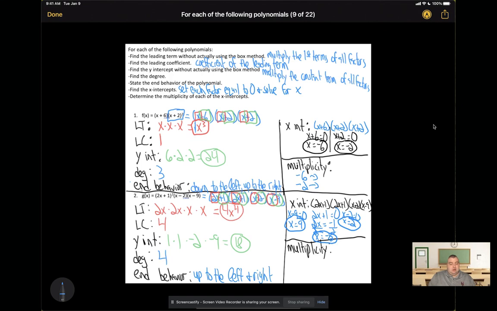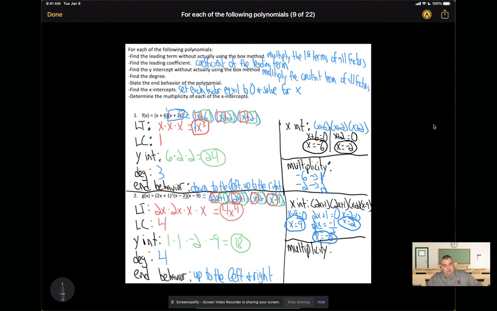If I look at its corresponding factor, x plus 6 had an exponent of 1. It was x plus 6 to the power of 1. So negative 6 has a multiplicity of 1. Negative 2, on the other hand, is going to have a multiplicity of 2 because its corresponding factor, x plus 2, has an exponent of 2, x plus 2 squared. So negative 6 has a multiplicity of 1, and negative 2 has a multiplicity of 2.